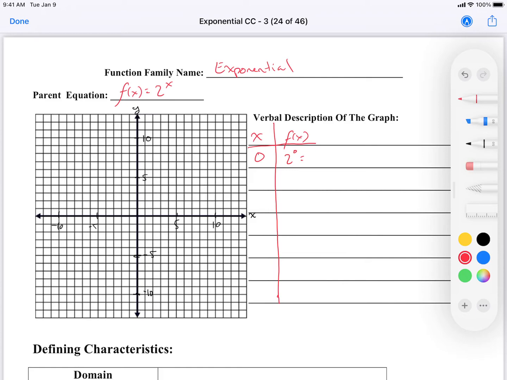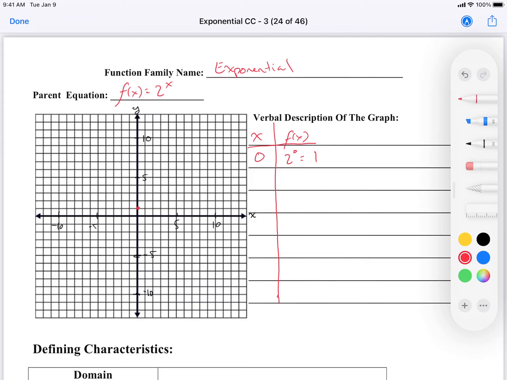It's 1. Anything to the 0 power is always going to be 1. Okay? So my very first point, again, this is why it's different. We've been starting off at the origin almost every single graph that we've looked at. This is the first one that's not actually going to cross at the origin in the parent function, okay?